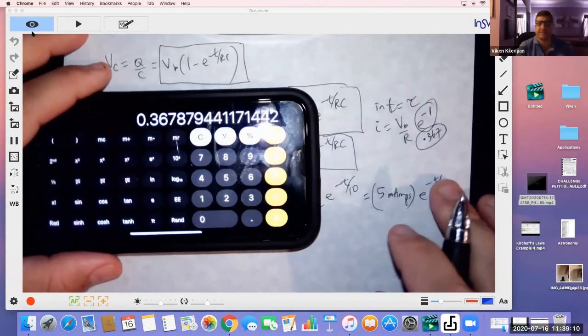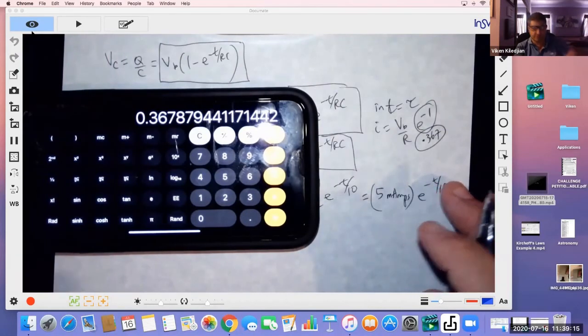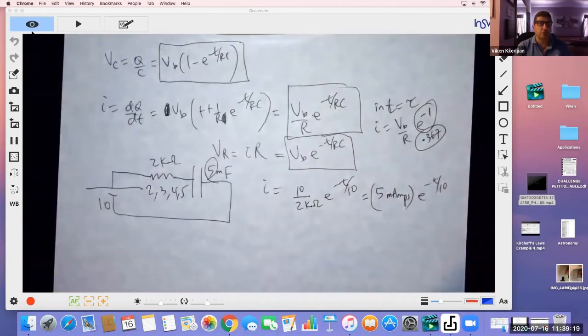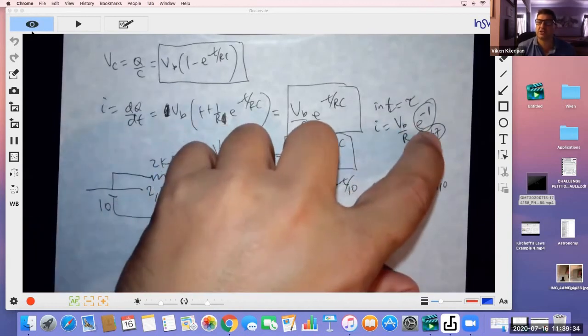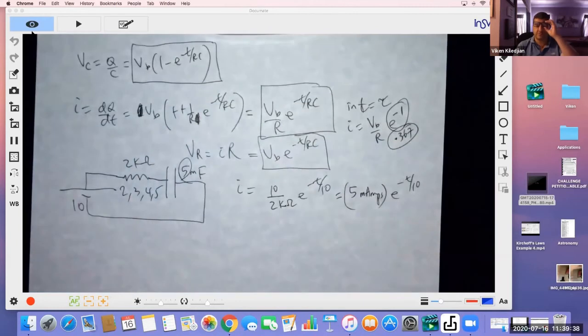In other words, it's the missing piece. The other one was 0.632. When you add them, you get 1. So the charge of the capacitor in one time constant builds up to 63% of its value, but the current in the circuit drops to 37% of its value. You see, 36.7%, so about 37. And when you add 37 to 63, you get 100.